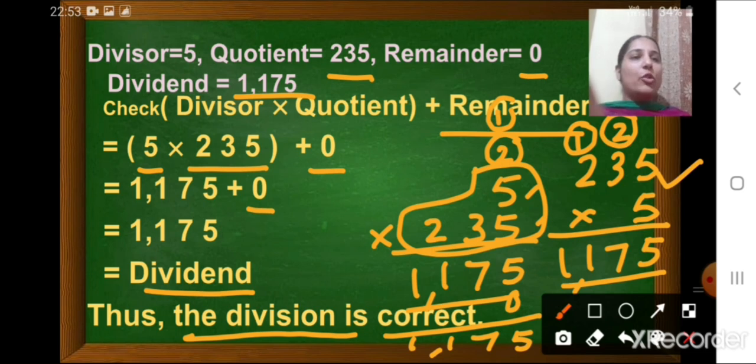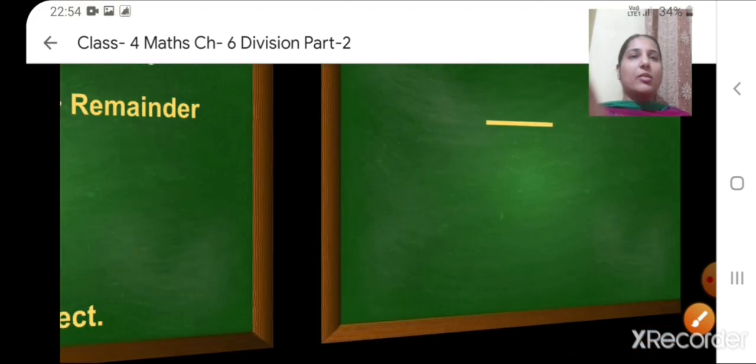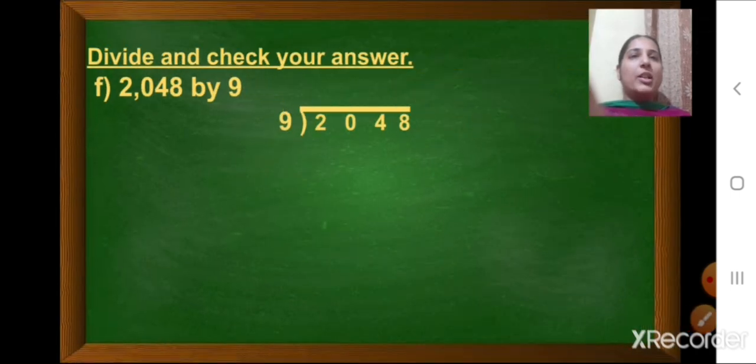Now let's move to the next question. Question number F is again divide 2048 by 9.